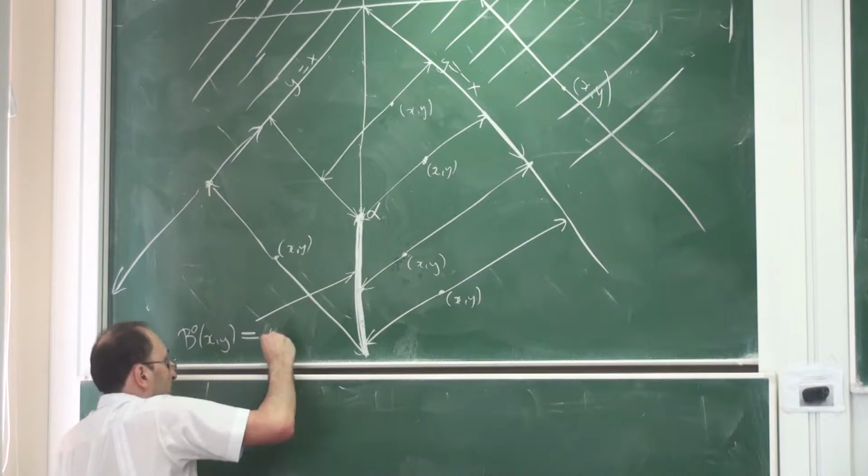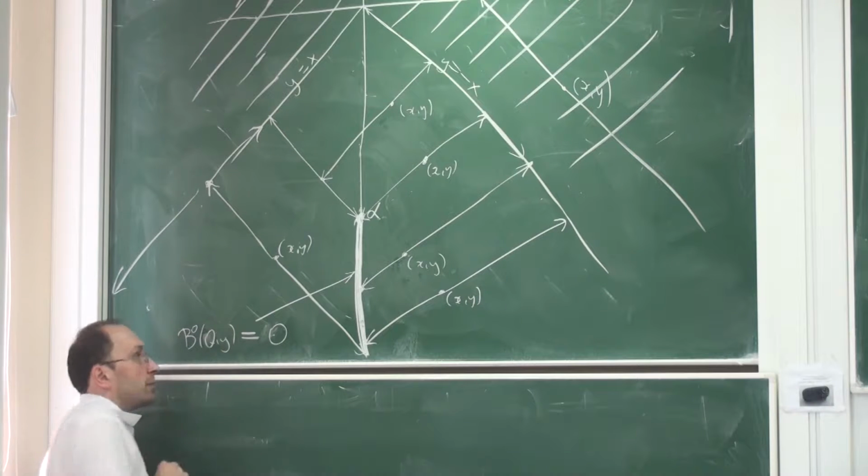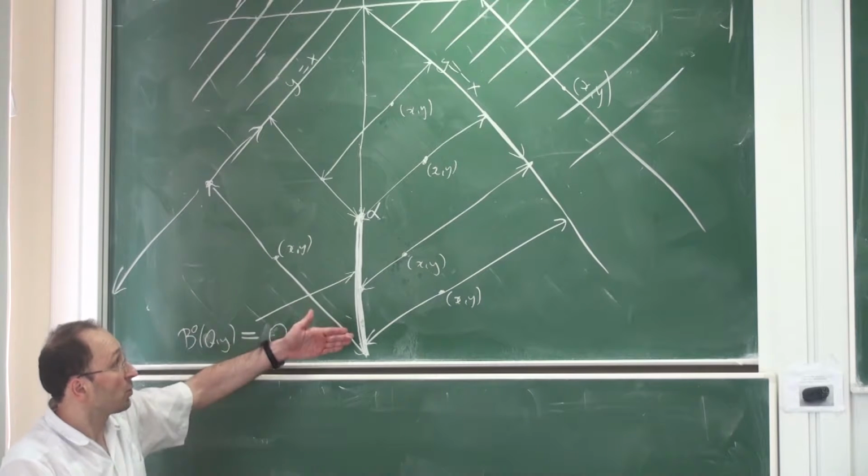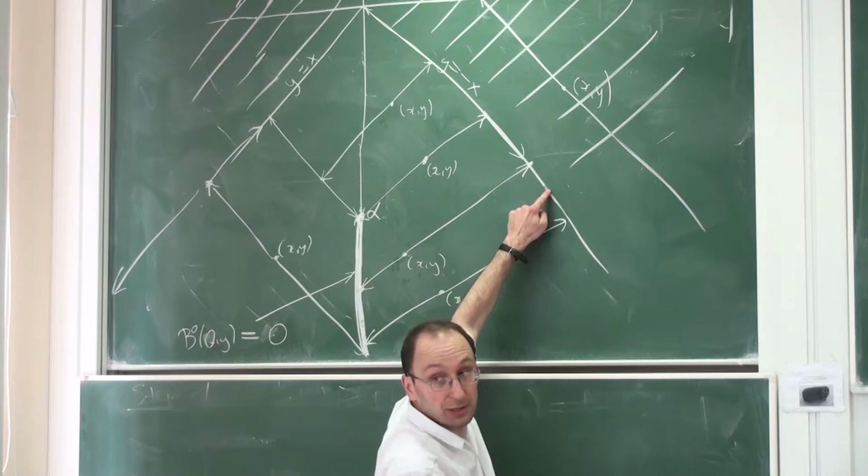So it's just 0, this is just b0. Here this is 0. We also know what happens on this line.